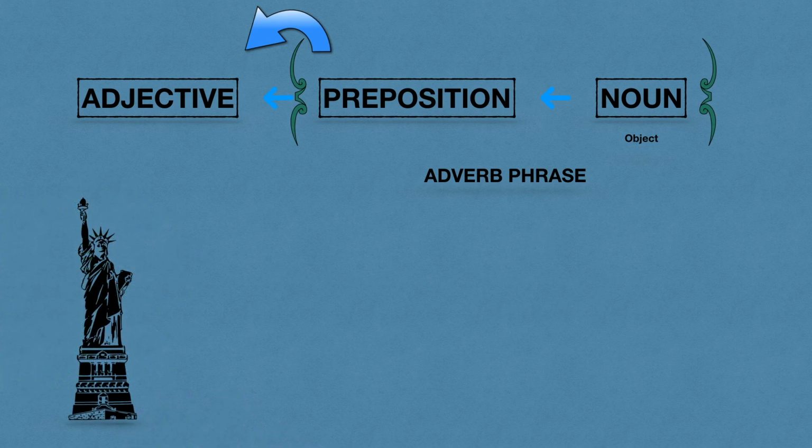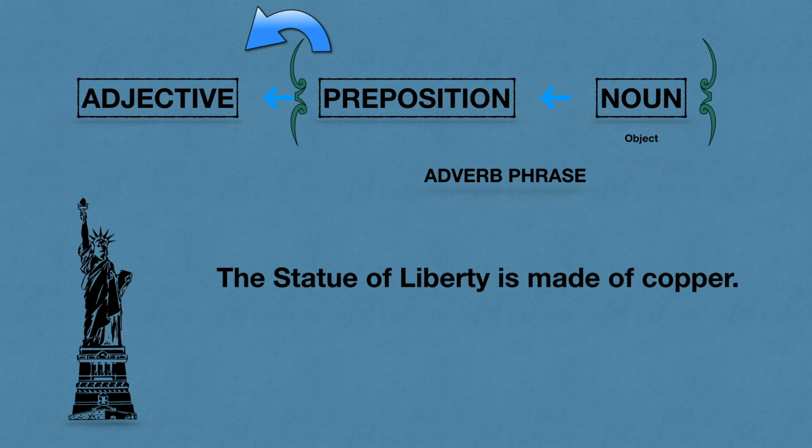Let's take a look at one more example. The Statue of Liberty is made of copper. Here, the prepositional phrase "of copper" is connected to and describes the word "made" on the left. Now, you might be tempted to think that "made" is a verb.